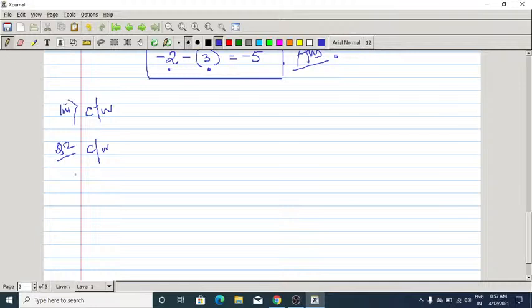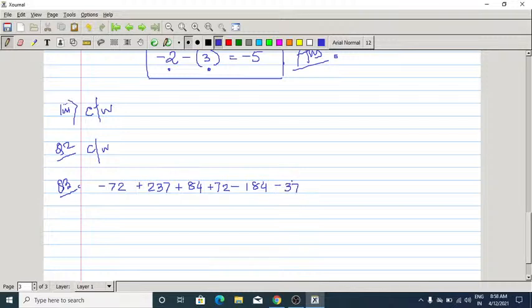Question number 3 will be done now. Find the sum of integers. This is also quite simple: minus 72 plus 273 plus 84 plus 72 minus 184 minus 37.